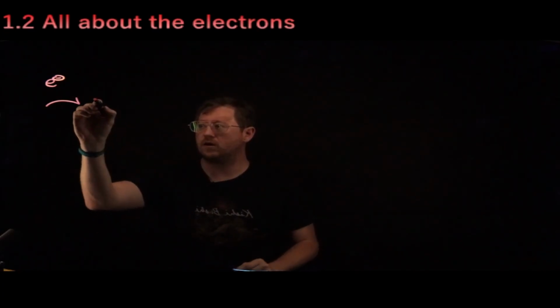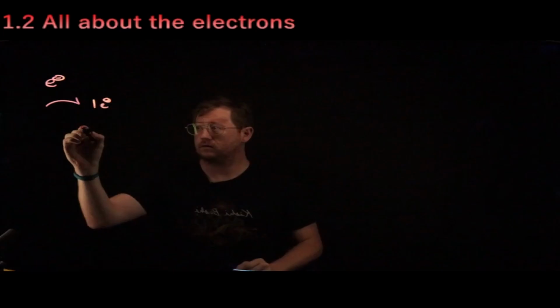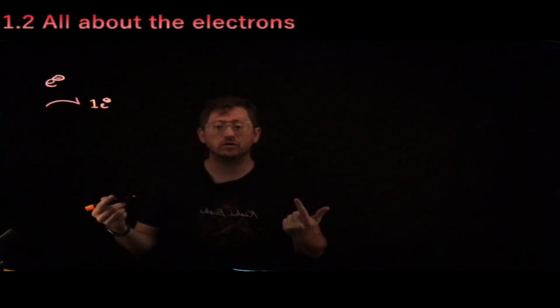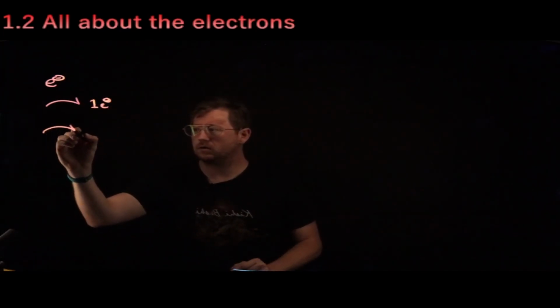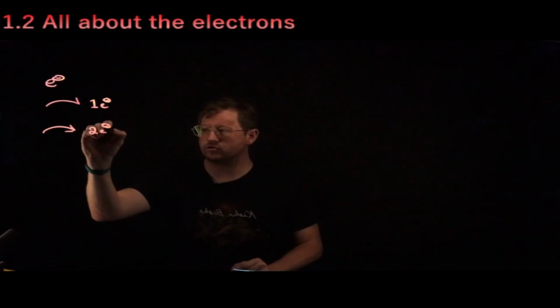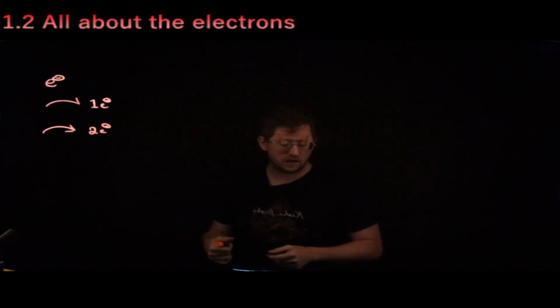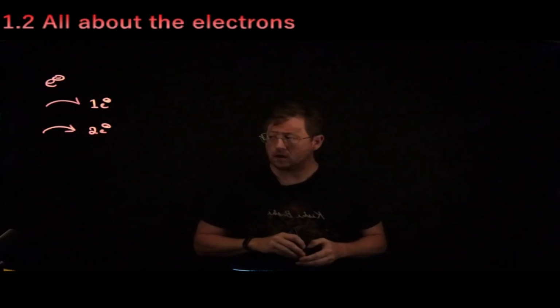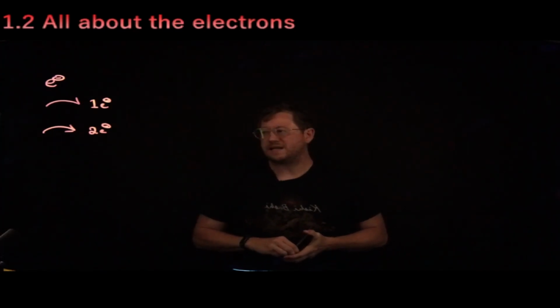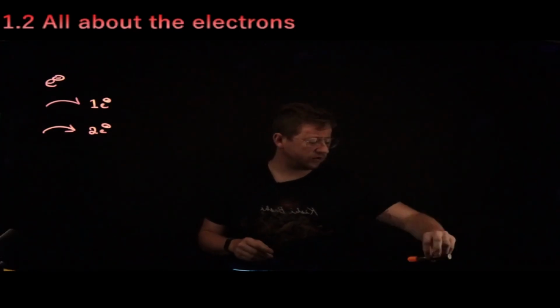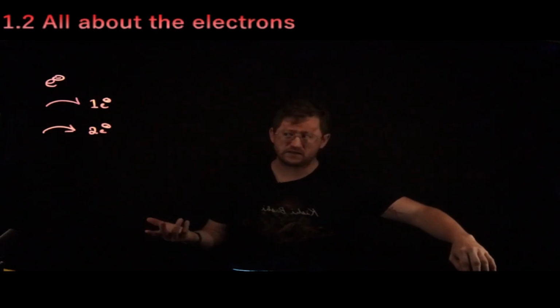Here we have a 1 electron process, a single hooked arrow. Here we have a 2 electron process. Now that 2 electron process is going to be more common in this course because those reactions are a little bit more frequent than the single electron reaction.